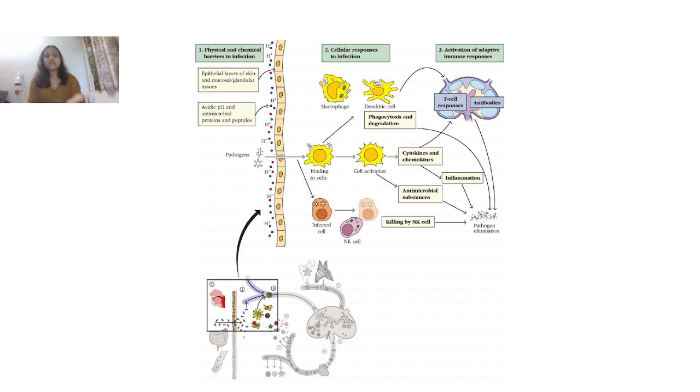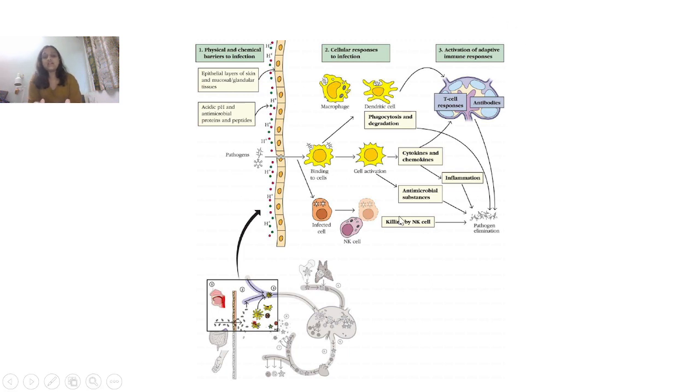So this is the primary first barrier for infection. If there is any break in the epithelial layers, as we can see here, the pathogen can enter our system.